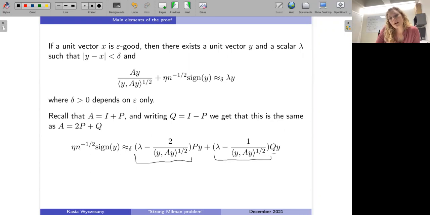But here we have Py and Qy, which means this here is at most a 4-dimensional subspace. And this is the main observation that led us to the proof.